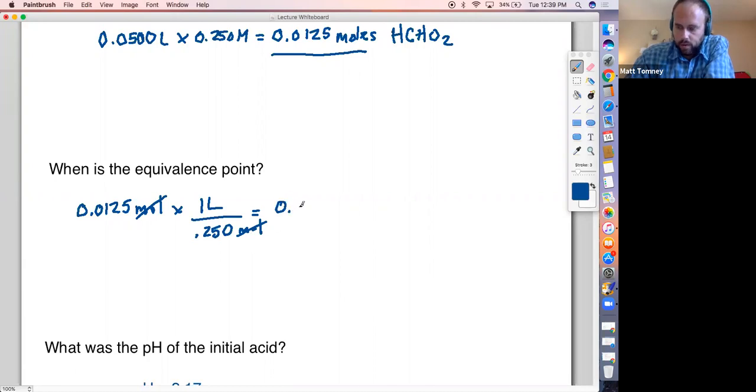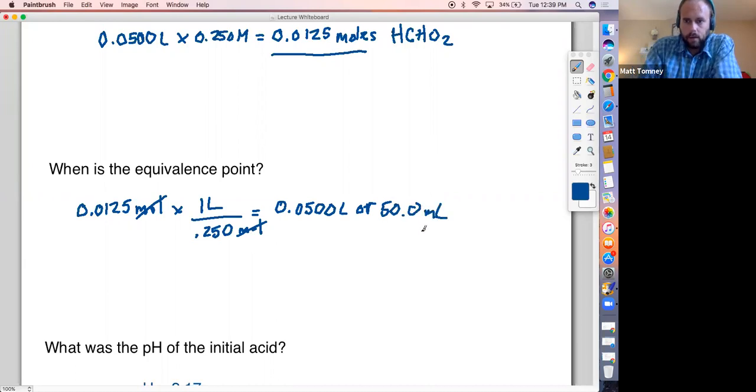And so 0.0500 liters, or you can call this 50 milliliters. Okay, so that means once any part of the problem says, what is the pH after 50 milliliters of NaOH or above has been added, that means that we've neutralized all the acid.